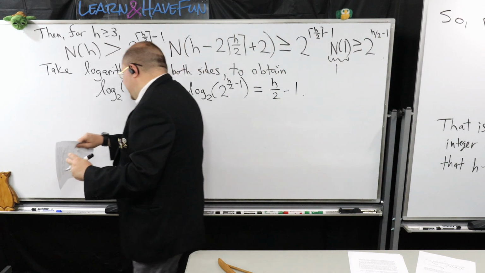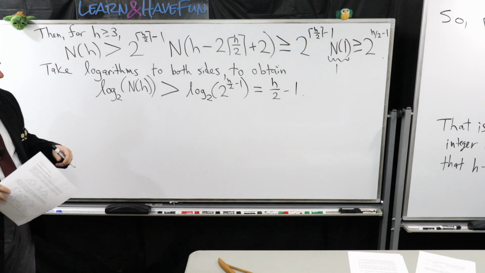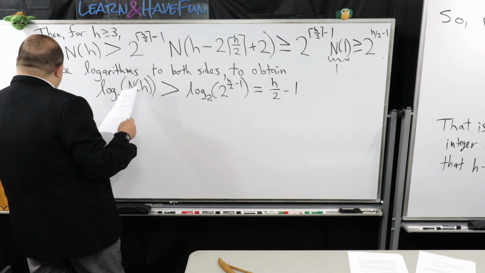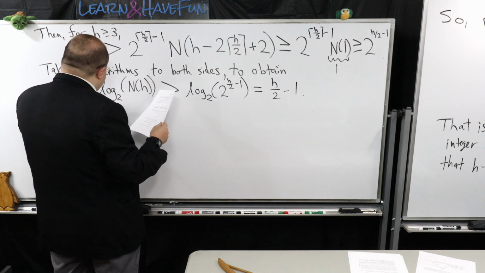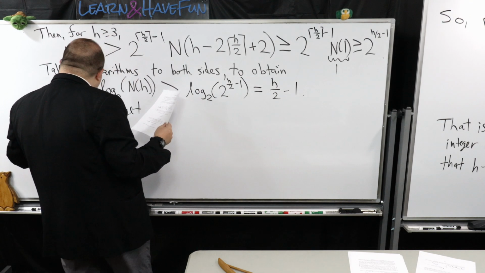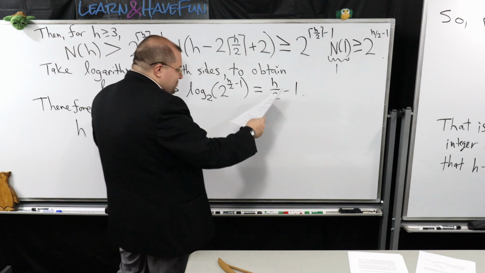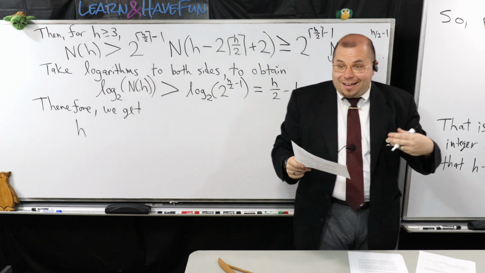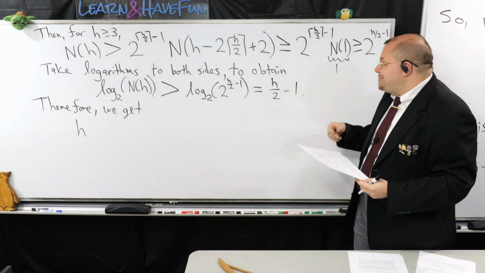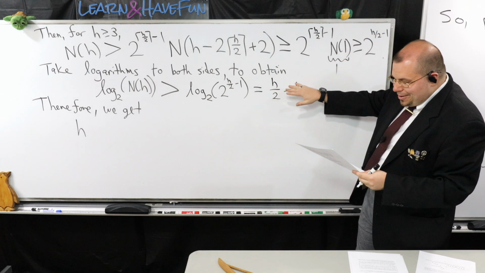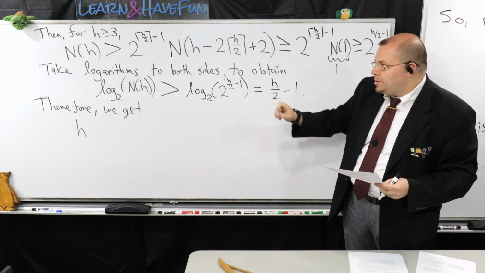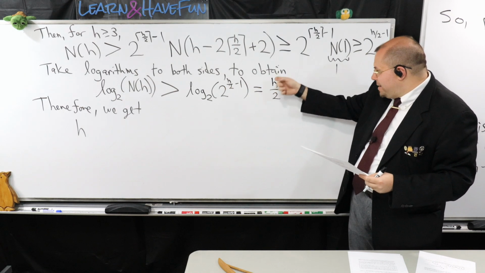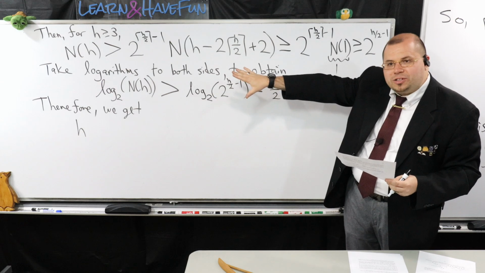Therefore, let's put it all together. We got the very last line now. Therefore, we get that h, because remember, h is right here. As I mentioned, we want to relate h with n. So I'm going to multiply everything I have here by 2.